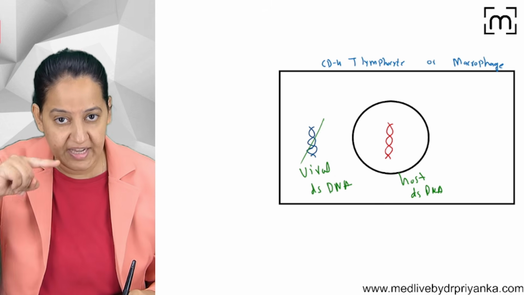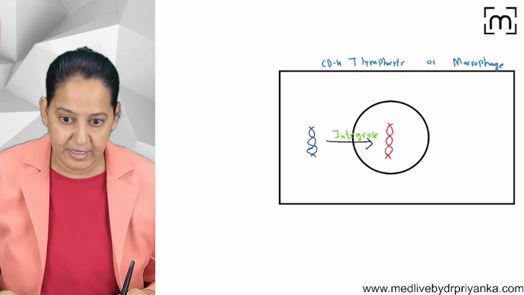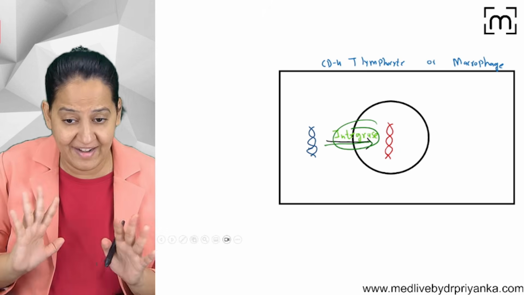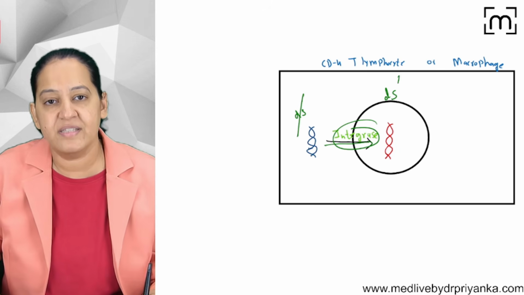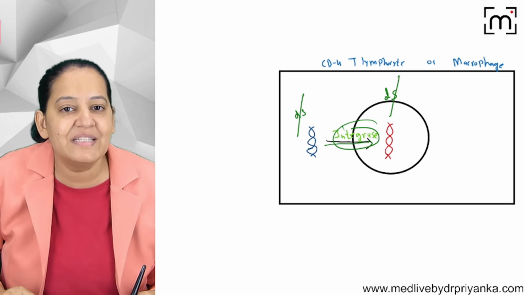Now this double-stranded DNA of the virus will enter the nucleus of the host cell, and after entering the nucleus, it will integrate with the host DNA. Both can integrate, since this is also double-stranded DNA. This is viral DNA, this is host DNA. They will integrate with each other with the help of the second enzyme, integrase.